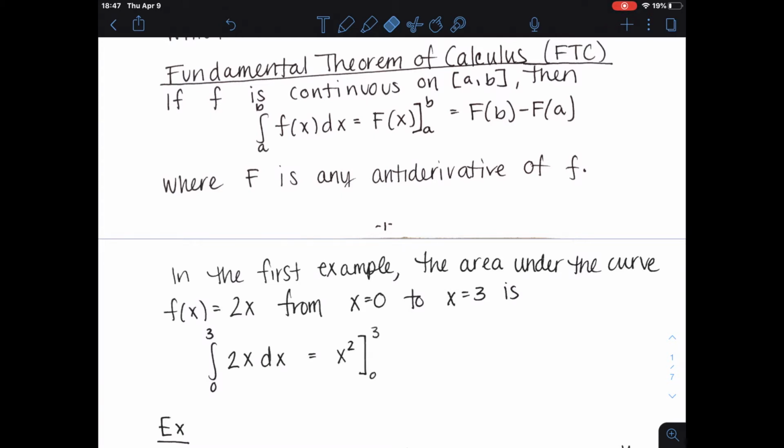And then we're going to evaluate this from 0 to 3. So I'm going to plug in the top endpoint, 3. We're going to evaluate x squared at 3, so it's 3 squared. We're going to subtract off, plugging in the bottom limit. So subtracting 0, and again, you get 9. So you can see this connection between the two.